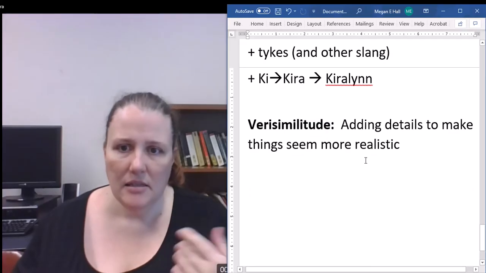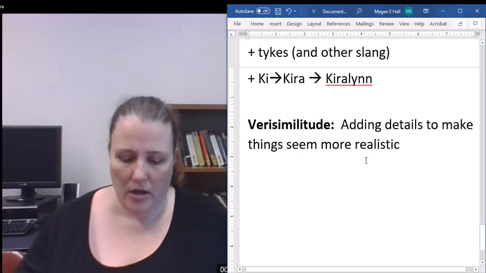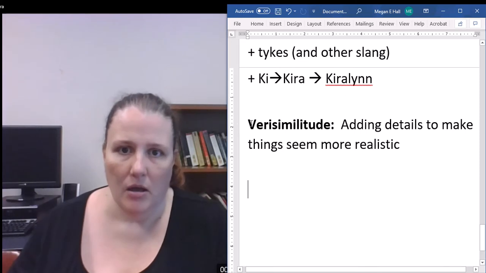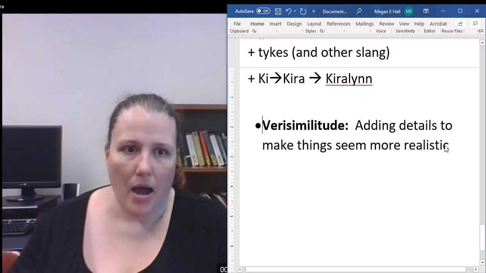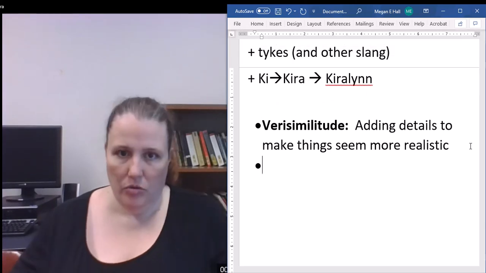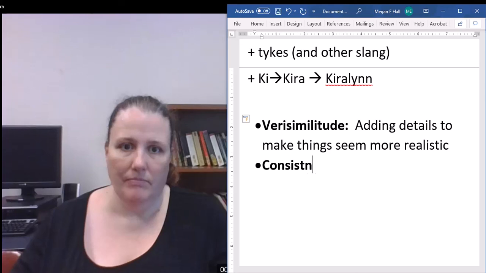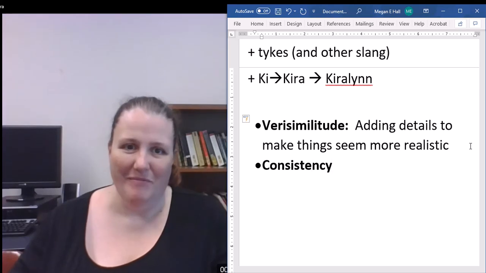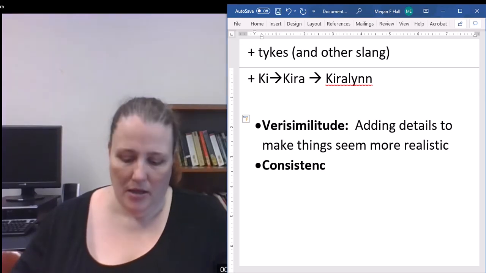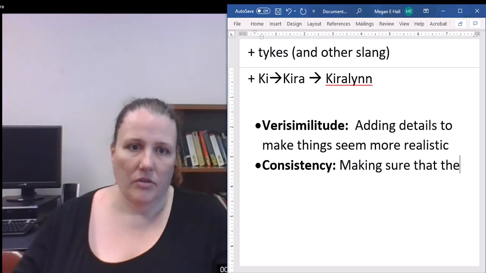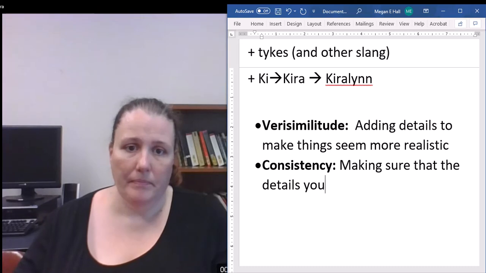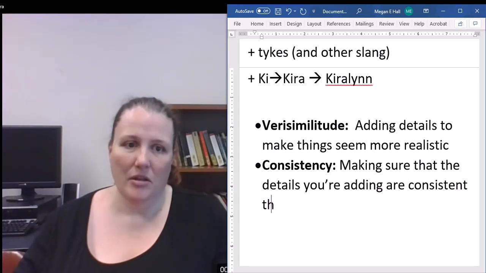So the last things to consider when you are creating your setting: we talked about verisimilitude. I would also add to think about consistency. So, making sure that the details you are adding are consistent throughout the story.